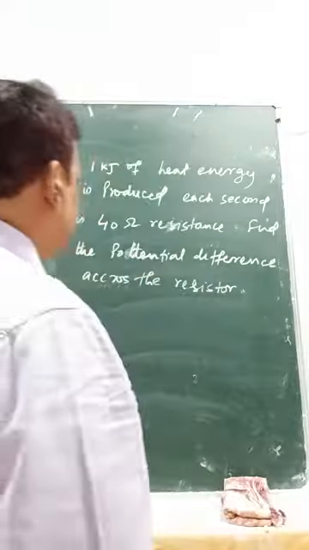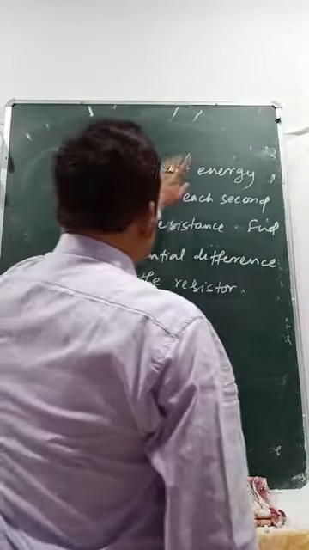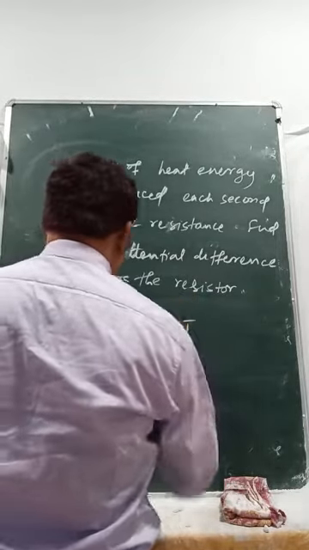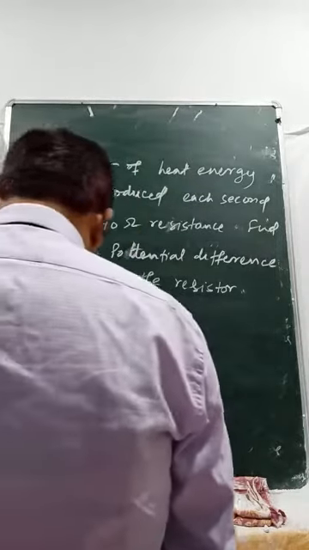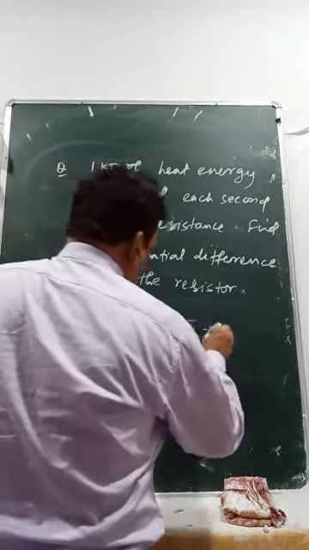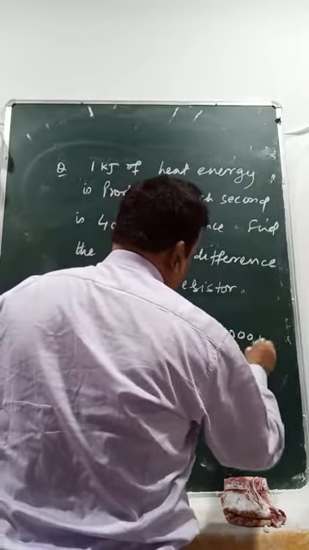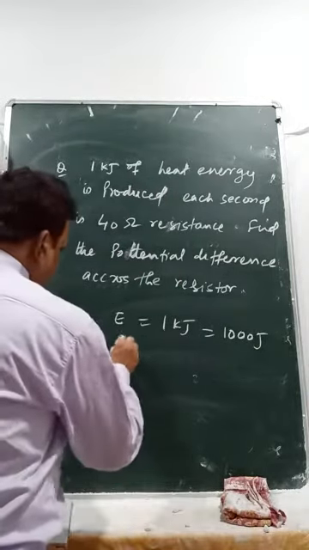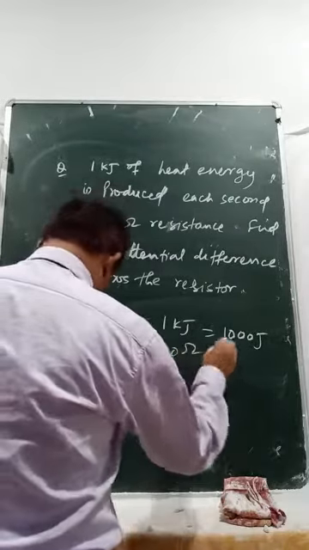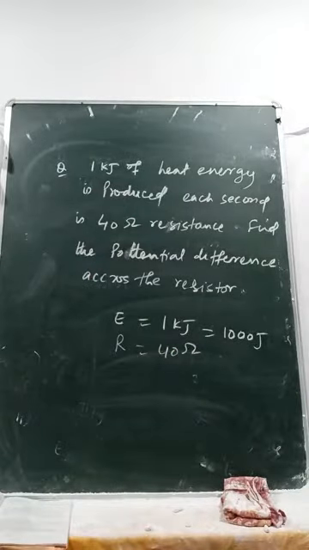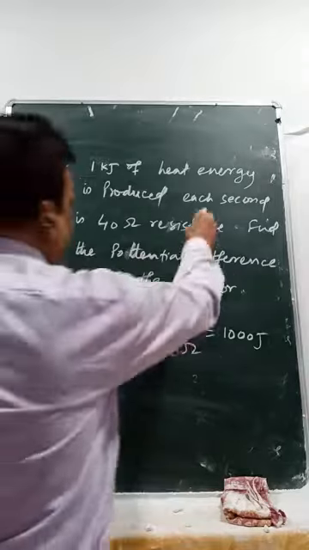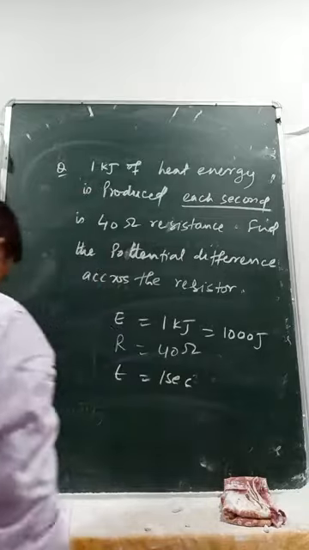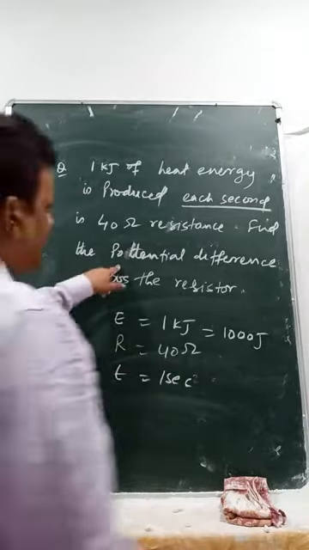So what you have to do now? 1 kilojoule of heat energy, energy is given to you. Then convert it to joule, that will be 1000 joule, because energy is in joule. Resistance is given to you, 40 ohm. Time is each second, so time is 1 second. Then what is the potential difference?